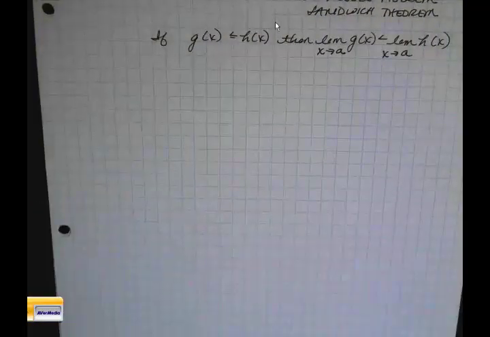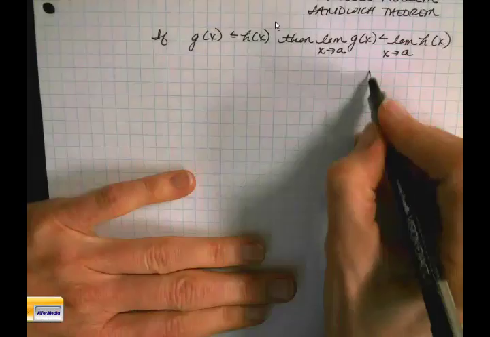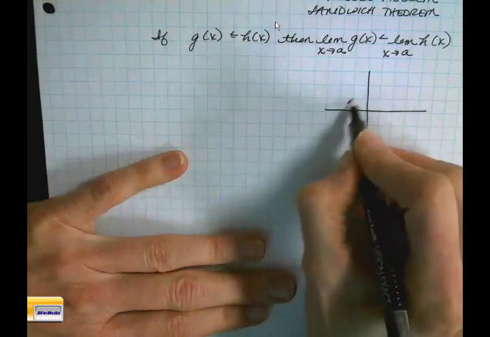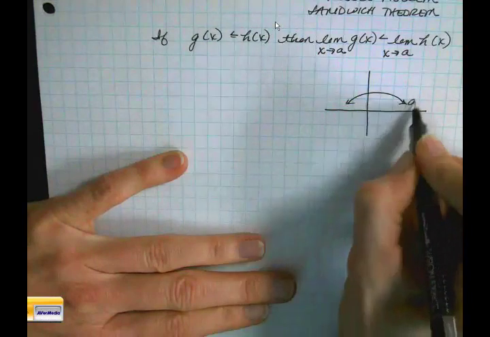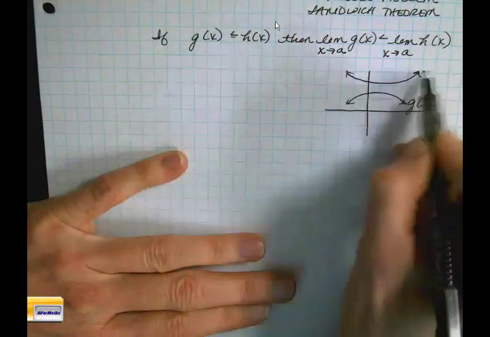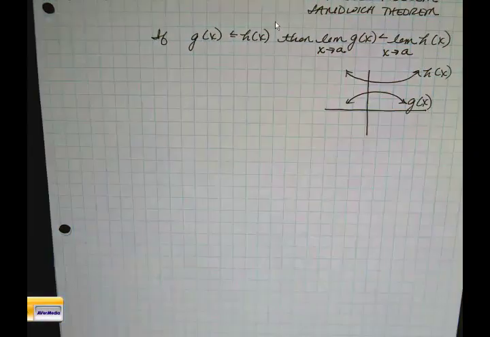And this is where the visual or graphical view of this will make it much more understandable. So if you visualize g of x and h of x, suppose our g of x function looks like this, and suppose our h of x function looks like this, so that g of x is always smaller than h of x.